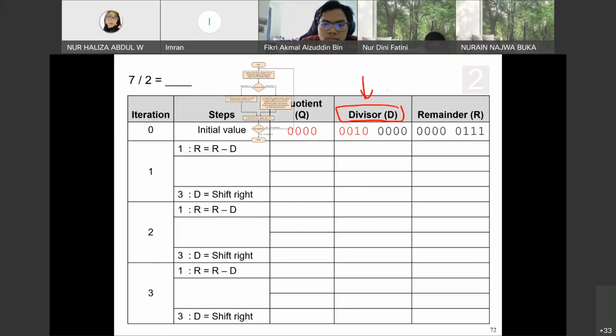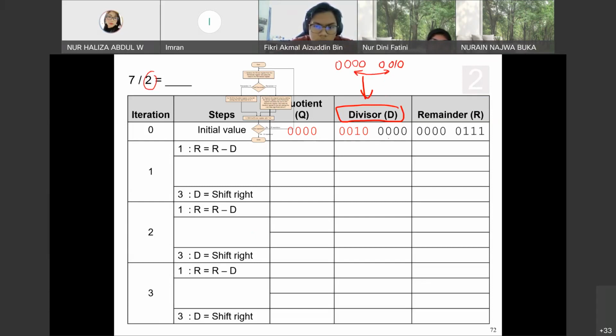Just now, this one is your MC. If you were given 2, you would put 0, 0, 0, 0, 0, 0, 1, 0. But now for division, you need to swap.